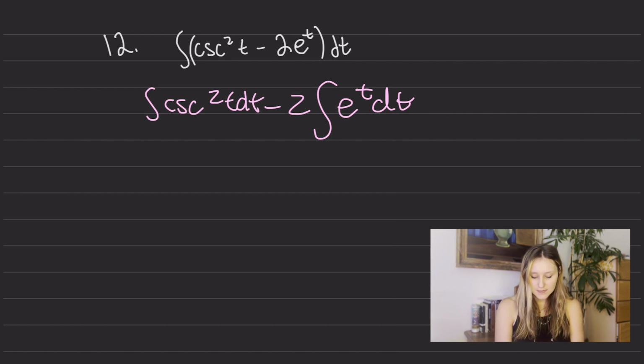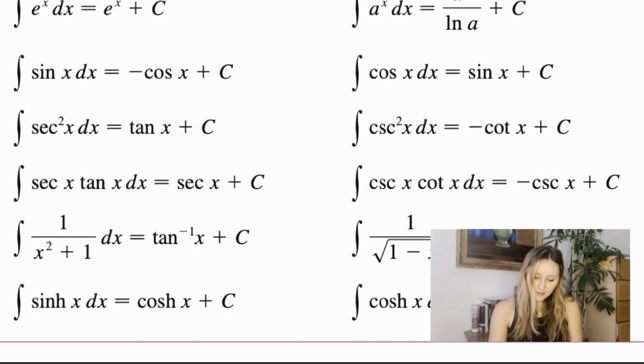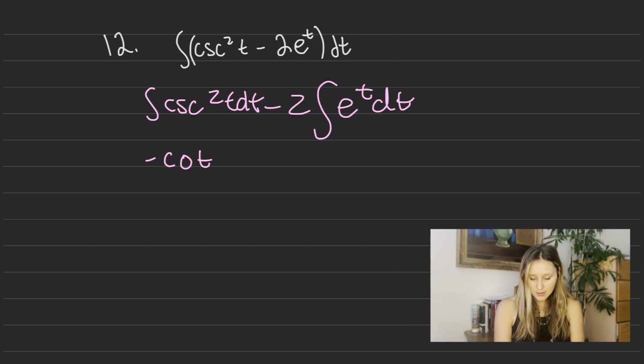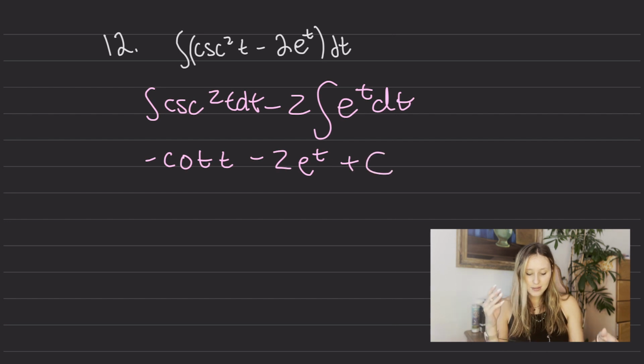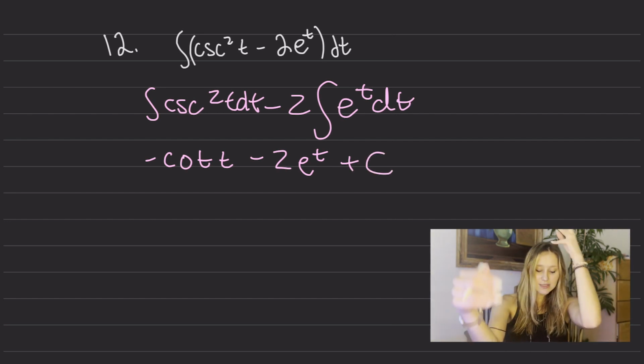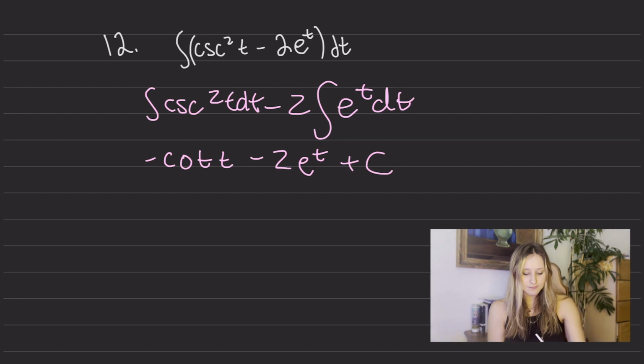And this is going to be cotangent. Wait, is it cotangent or negative cotangent? Negative cotangent of t minus 2e, the integral of e to the t is e to the t, plus c, minus cot t minus 2e to the t plus c.